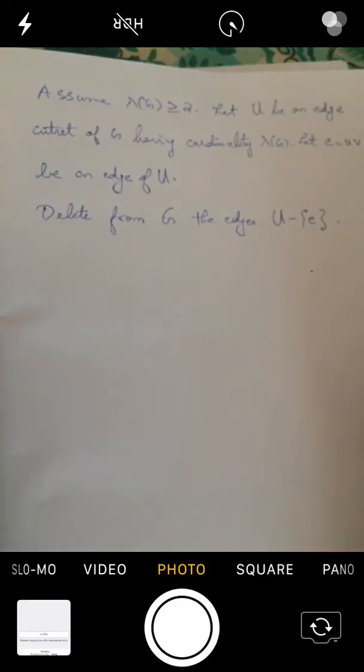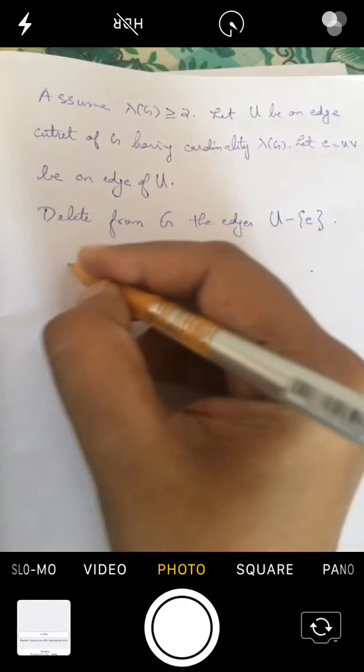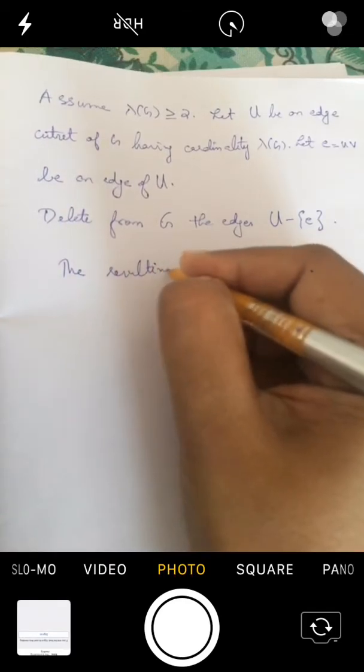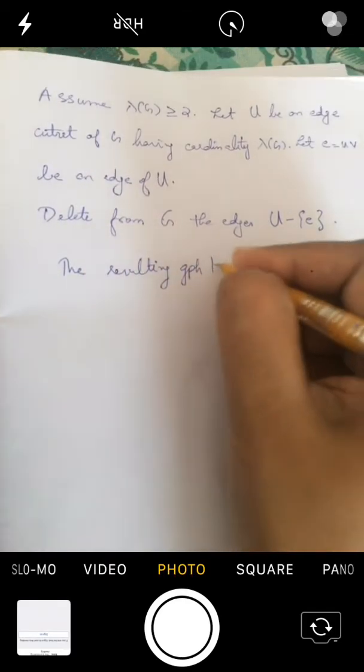What can we say about the resulting graph H1?